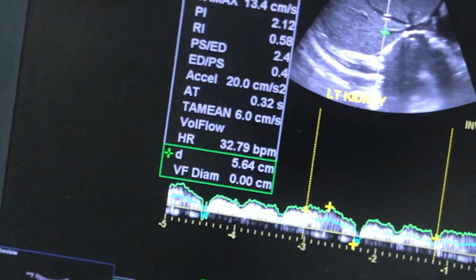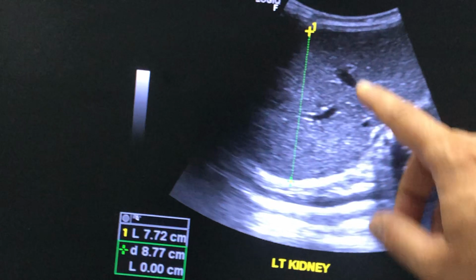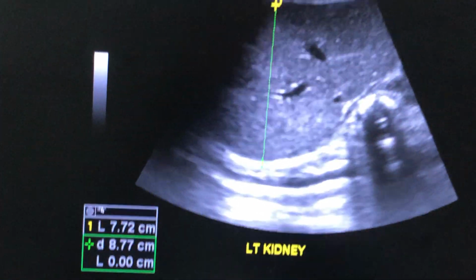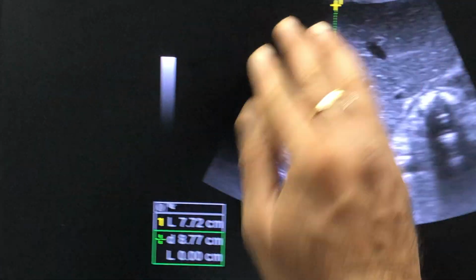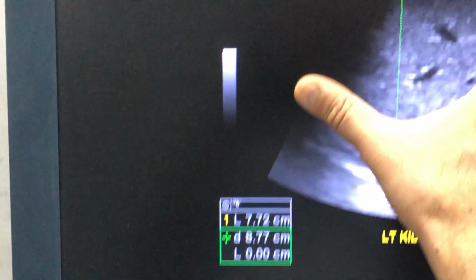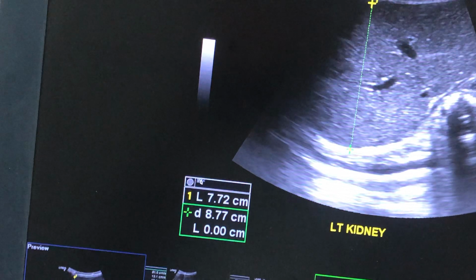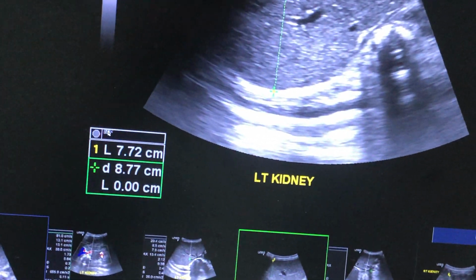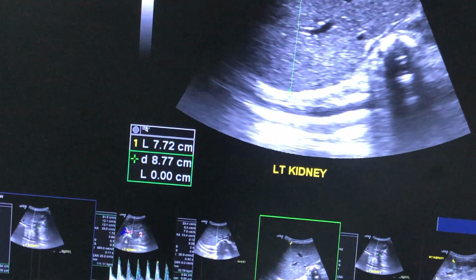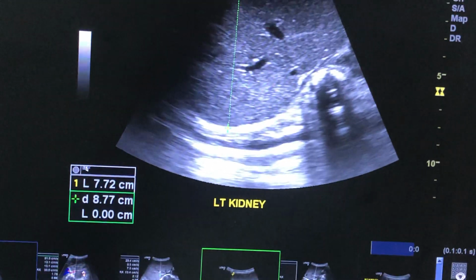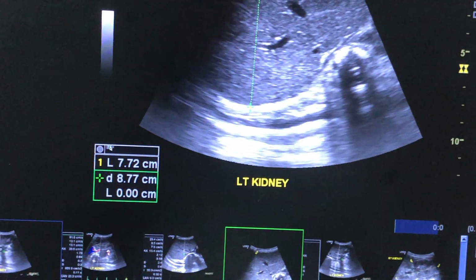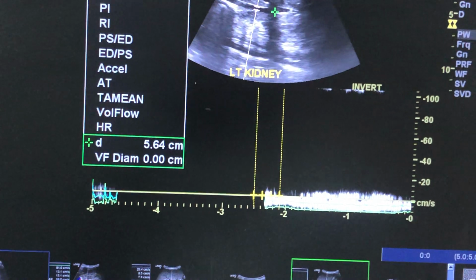The liver was measuring around 7.7 centimeter only in AP view, but this liver was a little bit enlarged transversely like this. I had one X-ray, but it is not possible at present to show because the patient went.